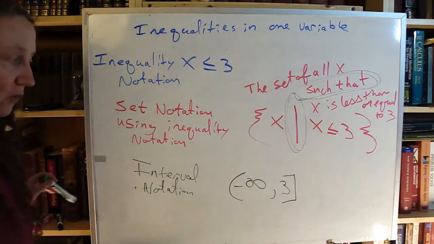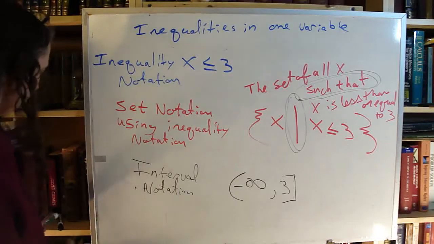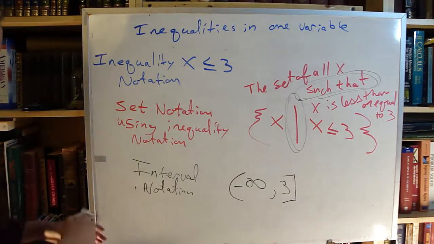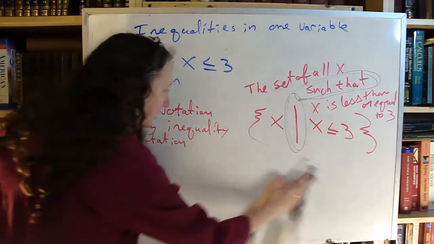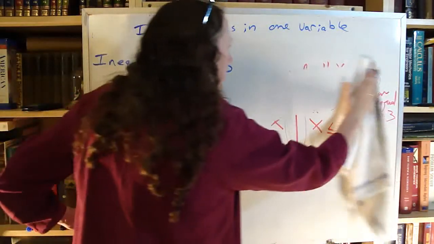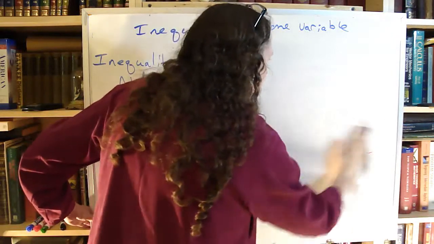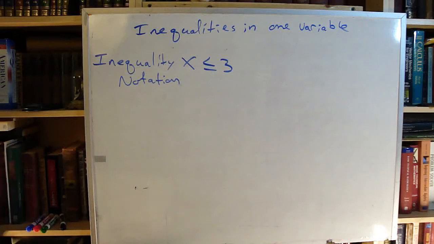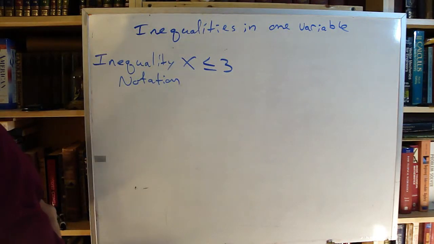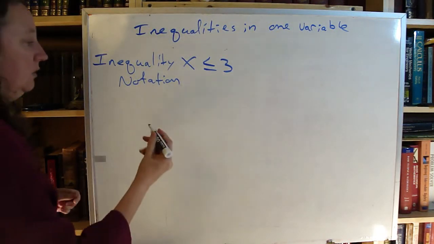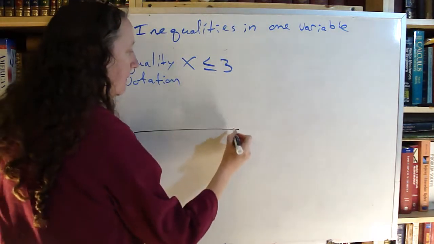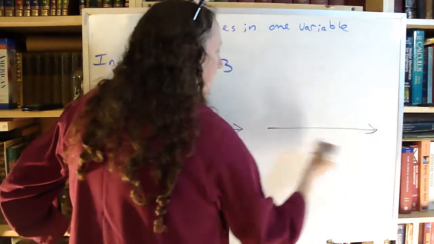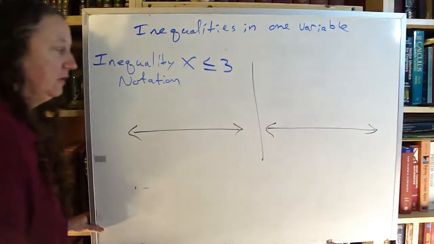And then if we wanted to graph this, there are two ways we can do that. So let me take this away. So I have a number line. I'm going to do it two ways, so I'm putting down two number lines for you.